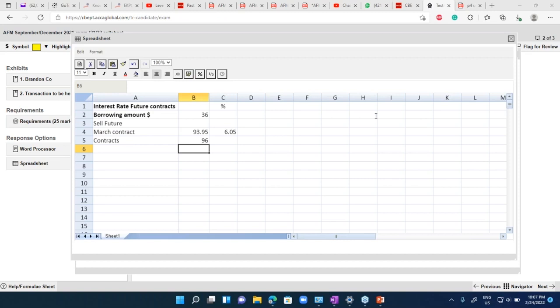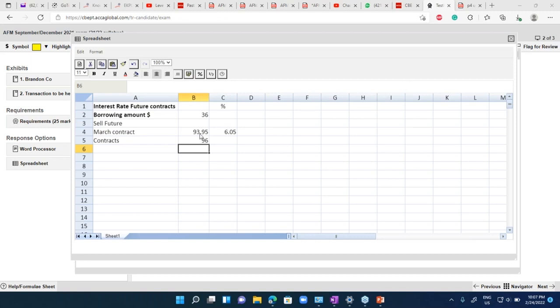If you are taking the loan on 31st January, select March contract. If you are taking the loan in May, select the June contract. While selecting the settlement date, always select that settlement date which is coming just after your loan date or lending date.